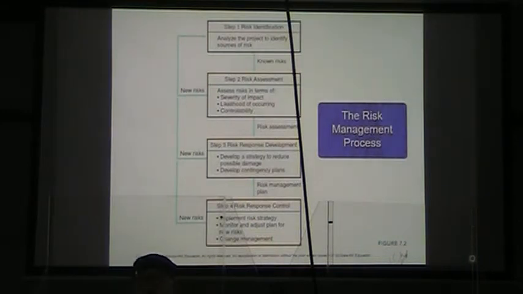Okay, so we're developing a new technology. What happens if it takes longer to integrate that in our product than we thought it would? Okay, so we develop a strategy to reduce that possible damage. So with that comes development of contingency plans.